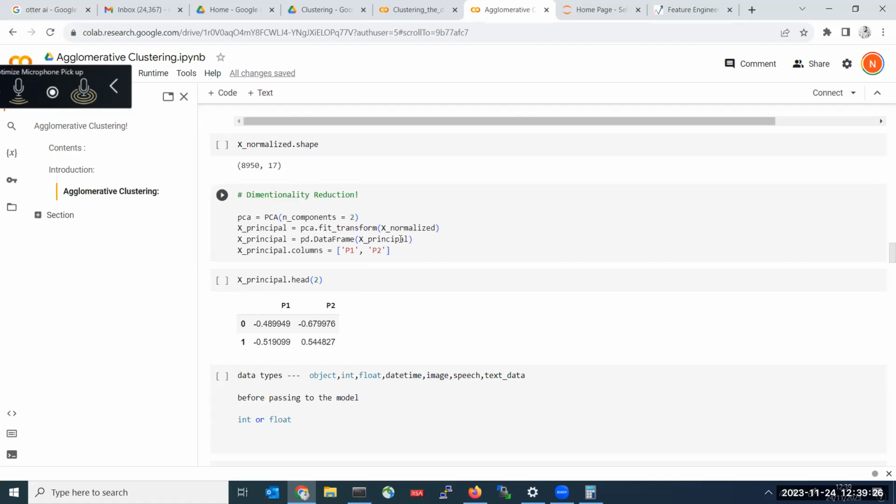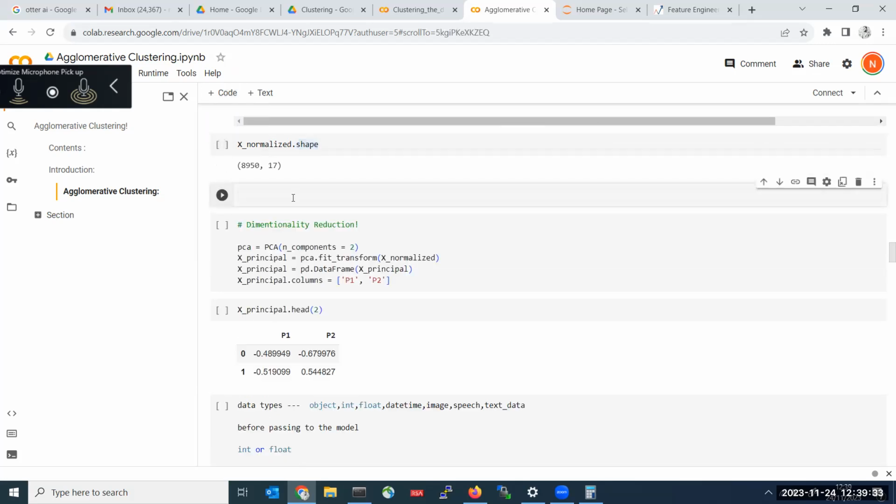Once it is converted, I have applied PCA. PCA is nothing but principal component analysis. This principal component analysis we will be using to reduce the dimensions of the data.